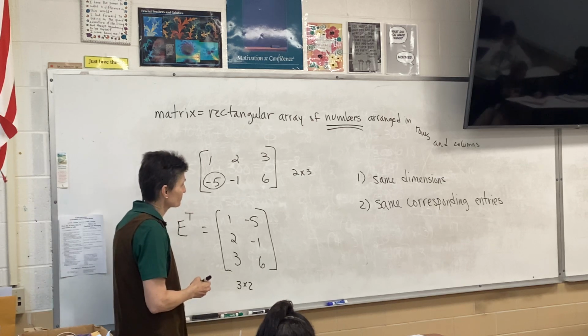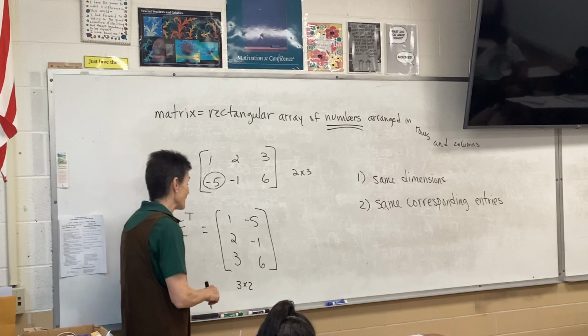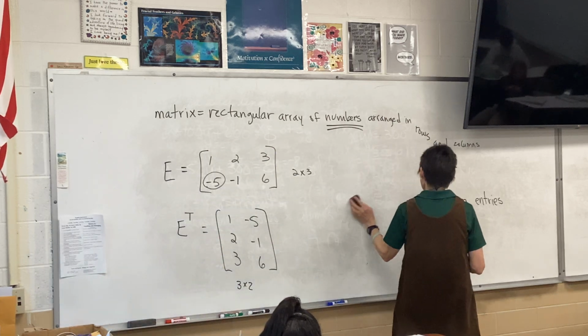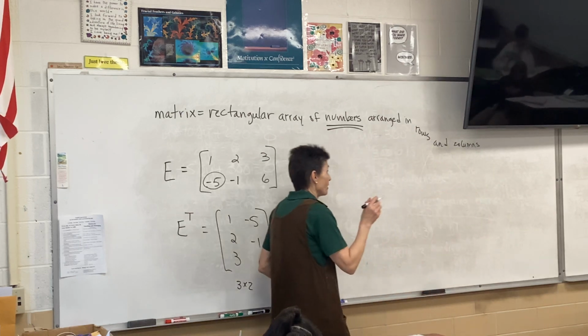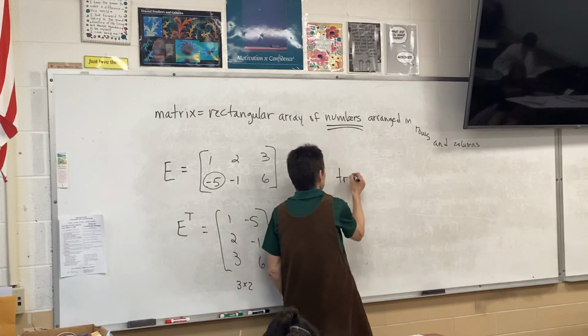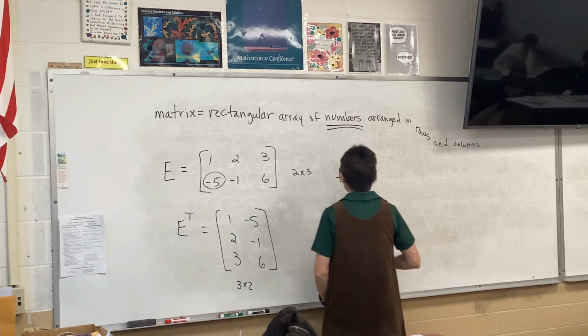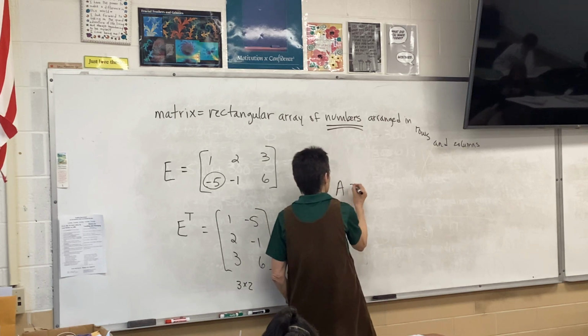Absolutely. And finally, the last definition is trace. Unfortunately, the words transpose and trace start the same way, with TRA. I can't do the trace of E, so I need a new matrix here. Let me put matrix A up here.